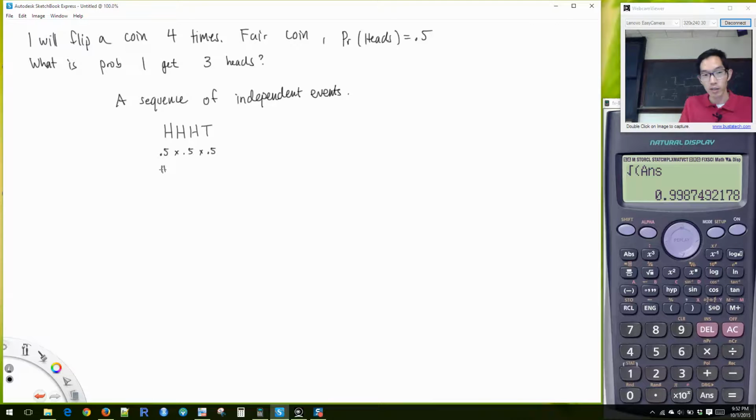This is the probability of heads times the probability of heads times the probability of heads, and then times the probability of tails. What is the probability of tails? It's also 0.5, but it's technically 1 minus 0.5. Is that okay? Because probability of heads, we're saying, is 0.5. So the probability of tails, or not heads, is 1 minus 0.5.